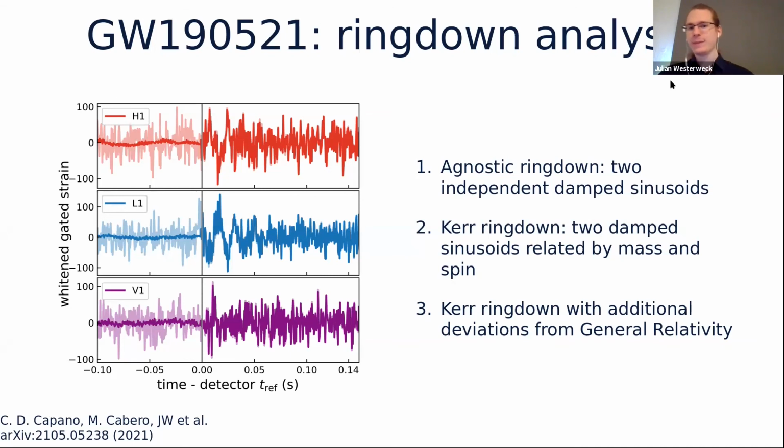And on this remaining data, then we perform three different analyses. The first is what we call an agnostic analysis, where we just assume that a signal is present containing two independent arbitrary damped sinusoids. There's no particular relation between the parameters of the two.